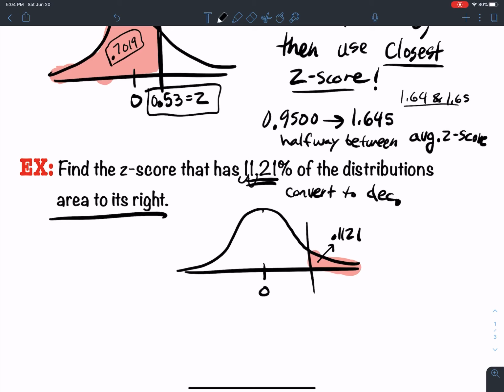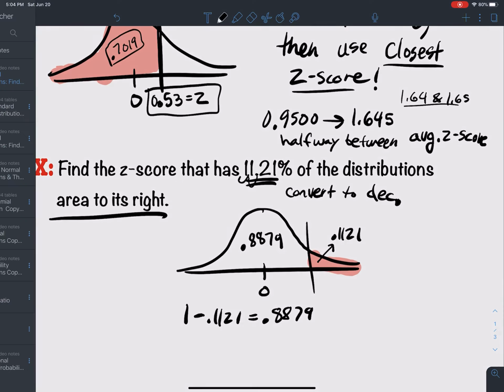Okay, if that's over there, then what's on this side? Use the complement rule. 1 minus 0.1121 gets me 0.8879. So what do I need to do? I need to go look up the number for 8879. So I go play Where's Waldo.